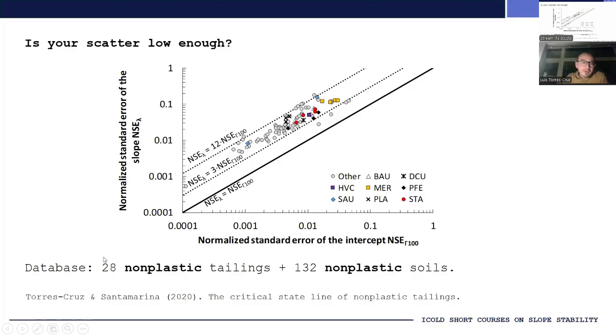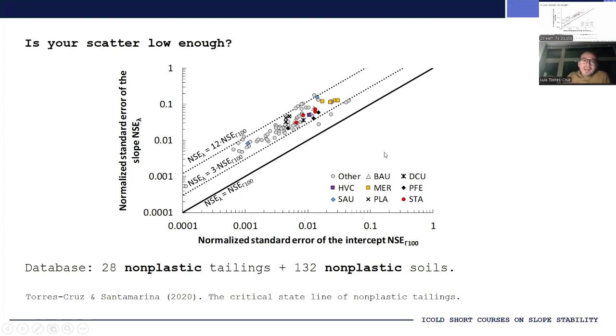And this is based on a database of over 150 non-plastic soils reported in the literature. Now, again, I think this is a useful tool to do a bit of quality control on your data. Once you have the data points that are defining a critical state line, you may be asking yourself, well, is this level of scatter reasonable or not?